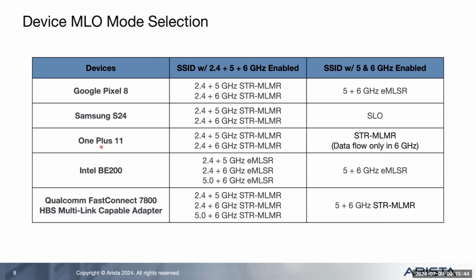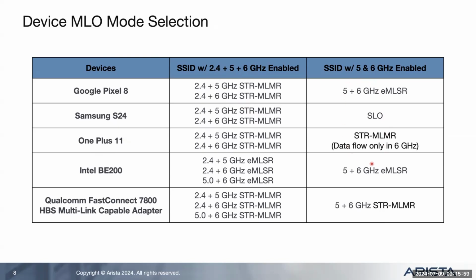When we did a similar test on OnePlus, in most of these cases, if we have the SSID on 2.4, 5, and 6, it prefers 2.4 and 5 or 2.4 and 6.